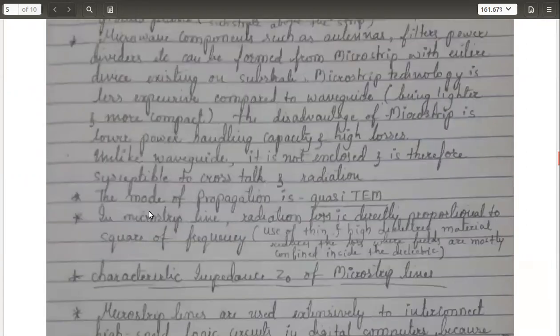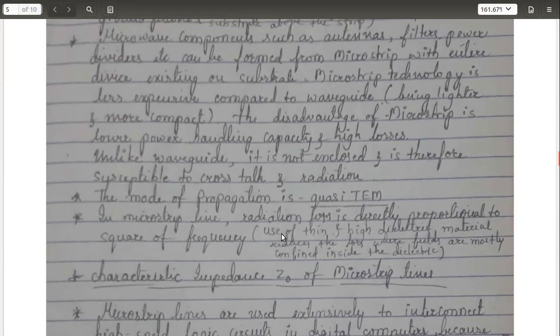Coming to the mode of propagation, as I told you, pure TEM is not possible because the field lines are partially in the air and partially in the substrate, because of which we can expect quasi-TEM. In microstrip line, the radiation loss is directly proportional to the square of the frequency. Just one additional piece of information: the more you increase the frequency, the more the loss will be, by the square of the frequency.